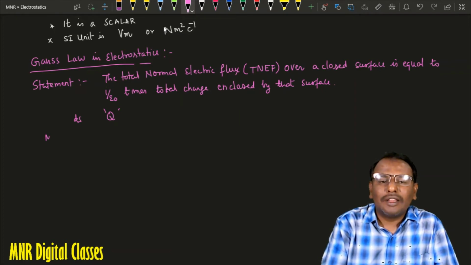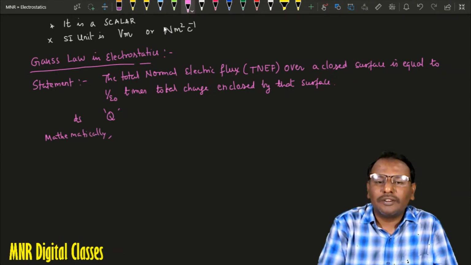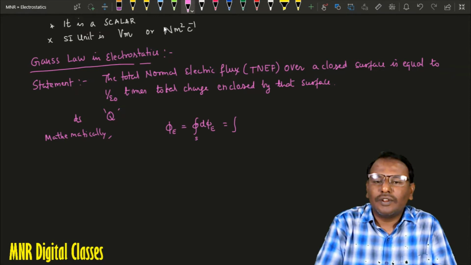Then mathematically Gauss law can be expressed as the total flux phi E is equal to the integral of d phi E taken over the entire surface, which is equal to the surface integral of E bar dot ds bar.